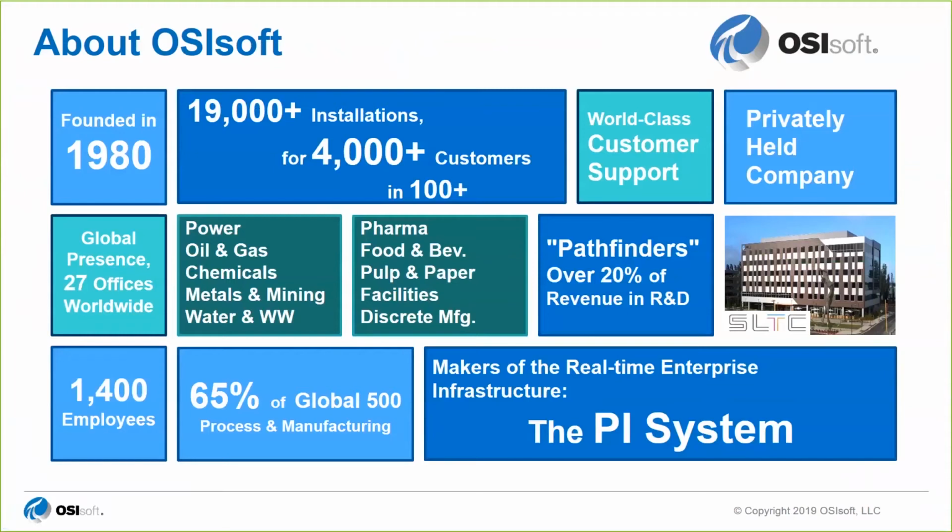So let me tell you a little bit about the company that I work for. OSIsoft was founded in 1980 by our founder, Pat Kennedy, who was going around San Leandro out in California and thinking about the legwork that was going on in the industries that he was a part of and familiar with.